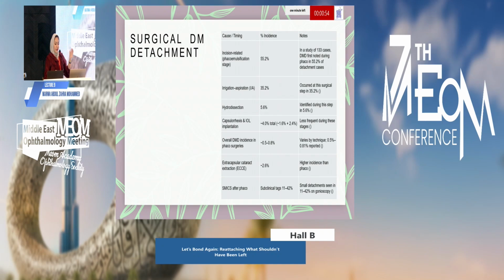I will focus on surgical Descemet membrane detachment, and as incidence, the most common step when the detachment occurs is the incision. About 55% of the cases occur in this step. Irrigation aspiration is 35%, hydrodissection maybe 5.6%, capsulorhexis and IOL implantation about 4%.